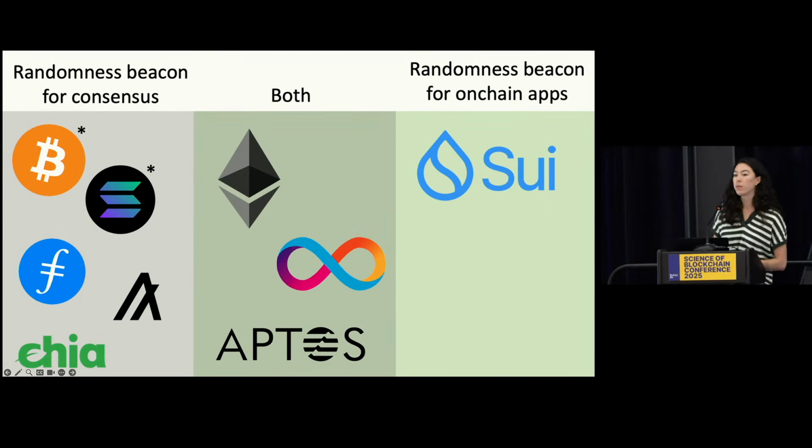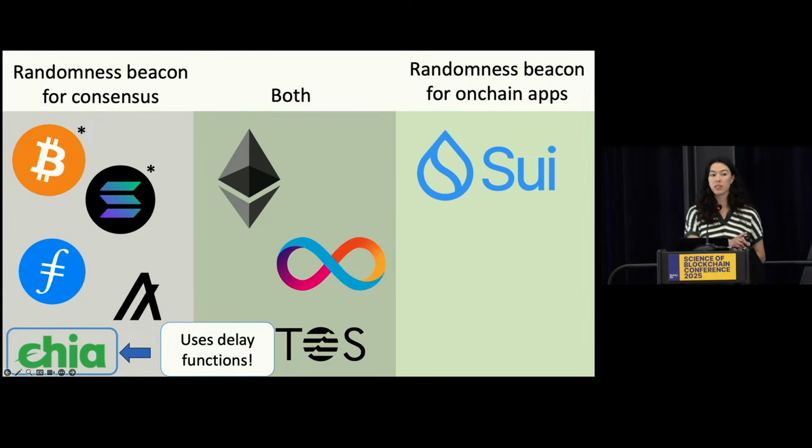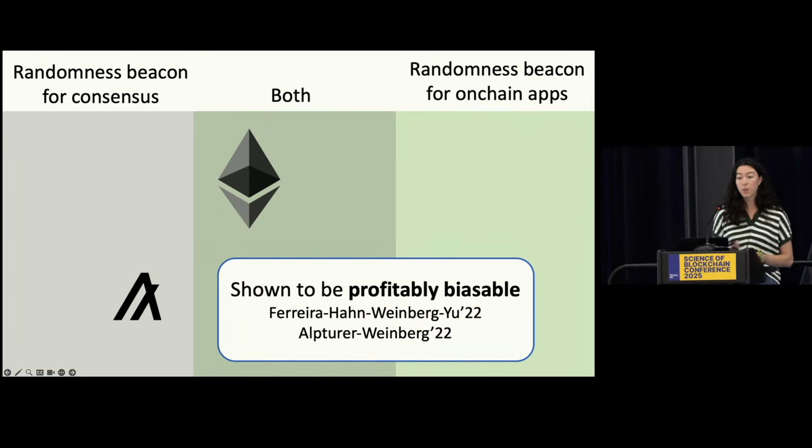There are many randomness beacons that are deployed in various projects, either used for consensus or for on-chain applications, or for both in some cases. I want to highlight that Chia actually uses delay functions, which is the subject of this talk. But another thing I want to point out is that some of these randomness beacons can actually be manipulated.